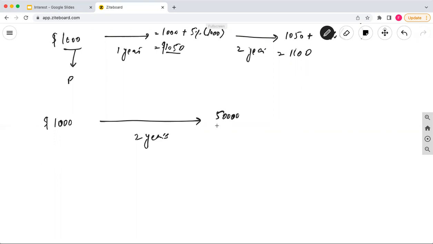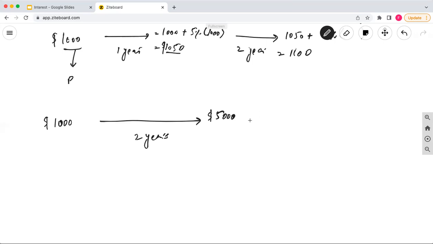Can anyone tell that? In 2 years, his 1,000 investment becomes 5,000. So what will his total investment become at the end of 6 years? 13,000.